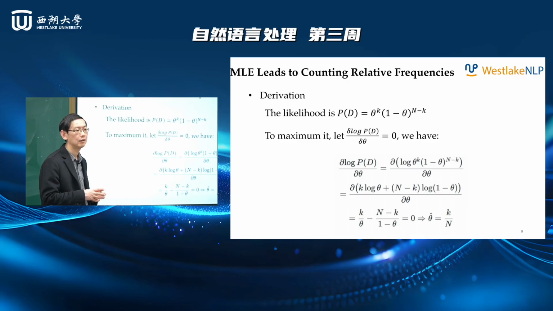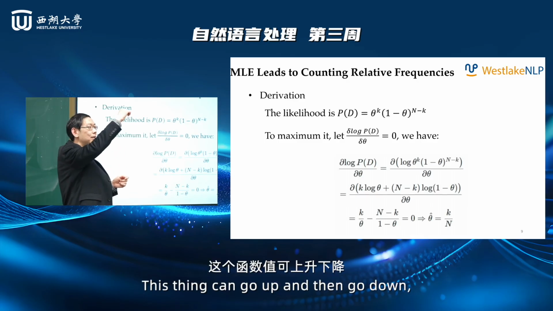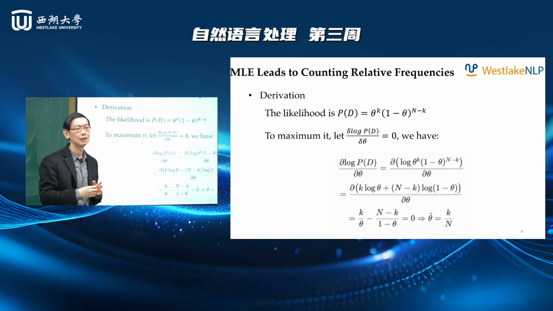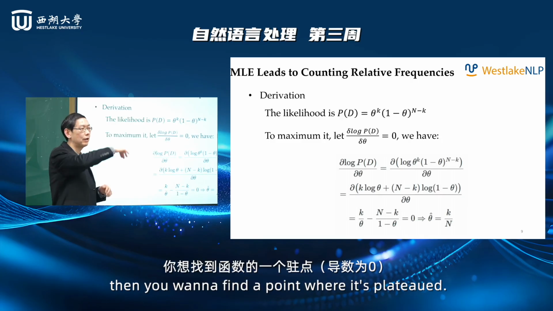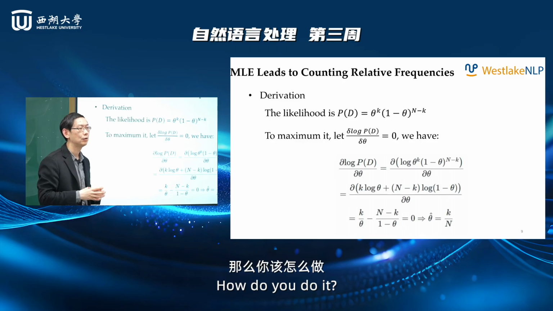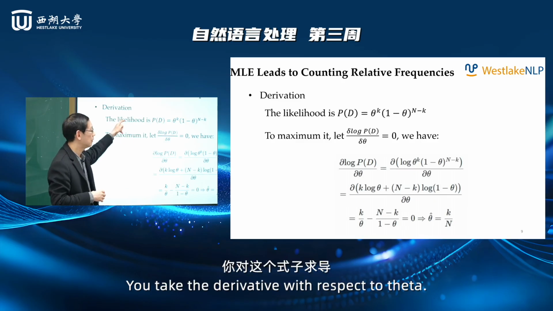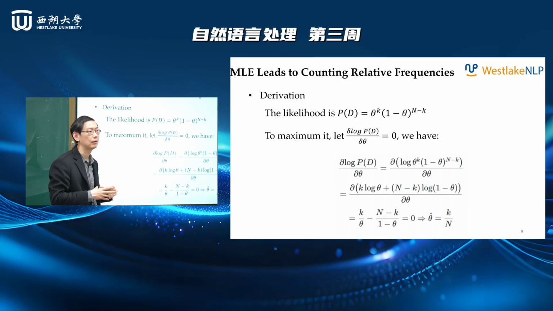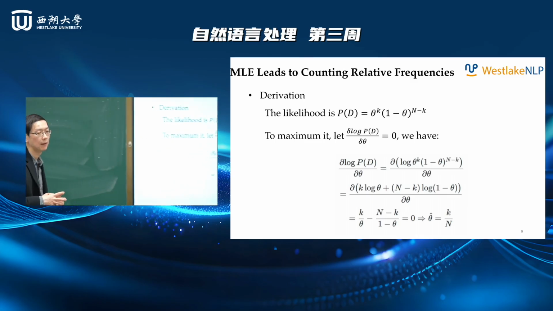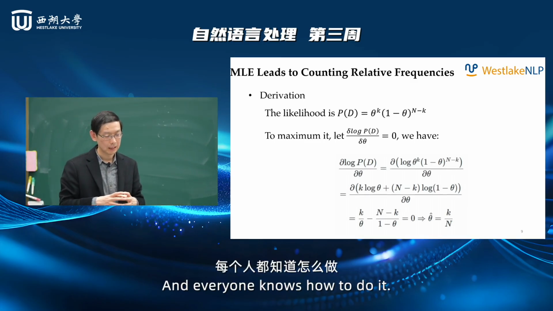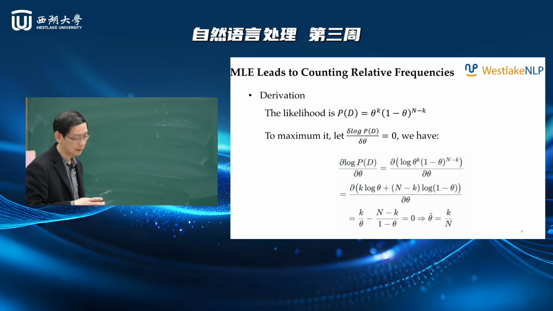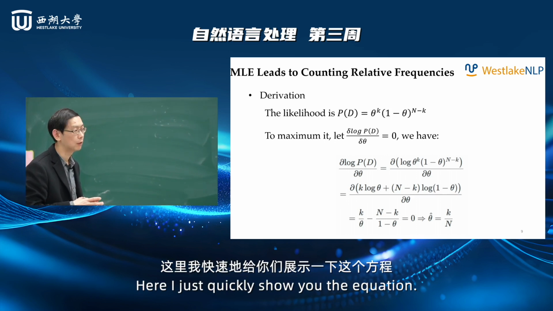This thing can go up and then go down, and you want to find the point where it plateaus. So you take the derivative of this thing with respect to theta, and everyone knows how to do it. Here I just quickly show you the equation.